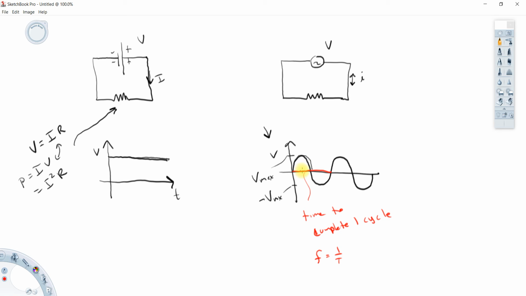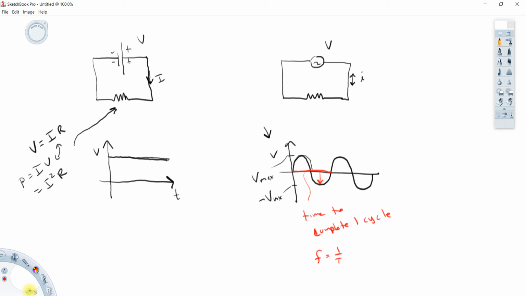Well, notice that the voltages here are in one direction, let's say positive, and that might correlate to current clockwise in this picture. But then the other half of the time, the voltages are negative, correlating to a current counterclockwise in the picture. So as a result, the current is going to be half the time in one direction, half the time in the other. Whereas over here, the current was always clockwise.